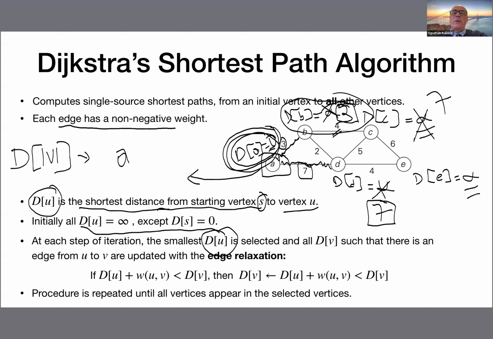What else? B is connected to D. And B has a cost of 3 plus 2. It makes 5 to reach D from A by following the path AB and BD. So that makes the cost of D, not 7, it updates to 5.